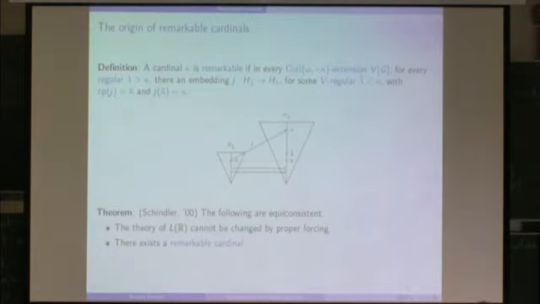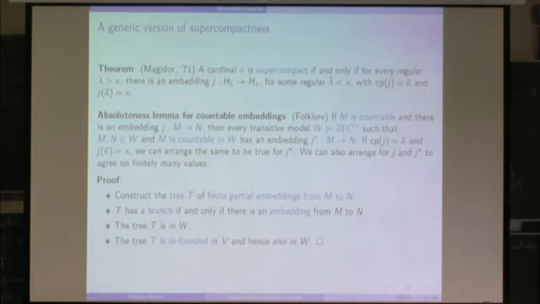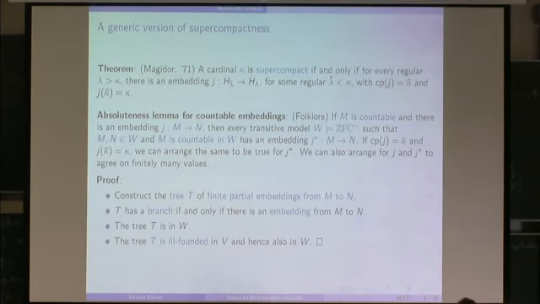So here's my motivation to make the embedding characterization seem more reasonable to you. I guess I should explain the title. You should think of remarkables, because of the theorem I'm about to state, as a generic version of supercompactness for the following reason. Magidor showed that kappa is supercompact if for every regular lambda greater than kappa, there's an embedding j from H lambda bar into H lambda with lambda bar less than kappa and critical point mapping to kappa.